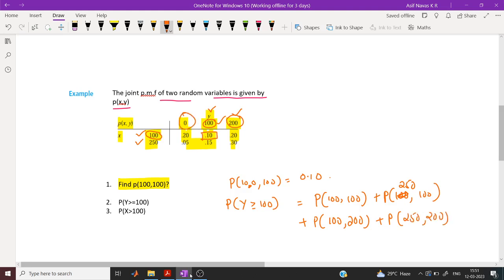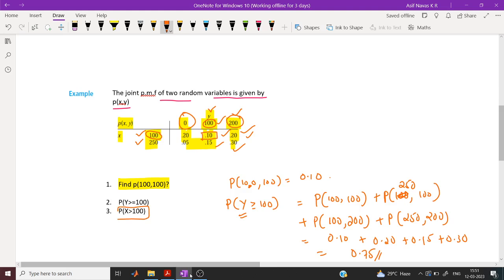And p of y equal to 0 we will not take because Y is always greater than or equal to 100. Now we add all these probabilities: 0.10 plus 0.20 plus 0.15 plus 0.30. So the total is 0.75. This is the probability of Y greater than or equal to 100.